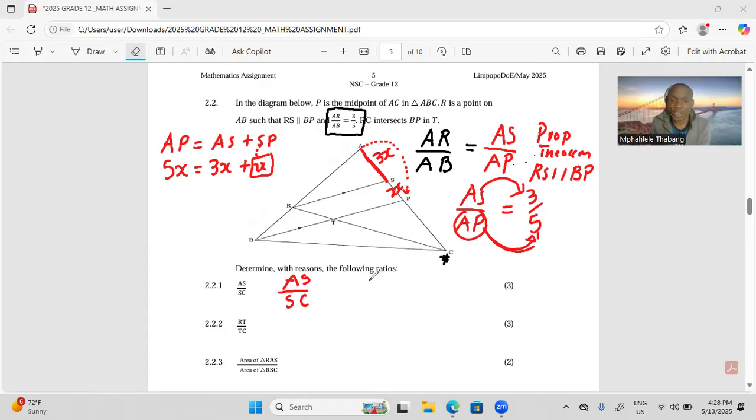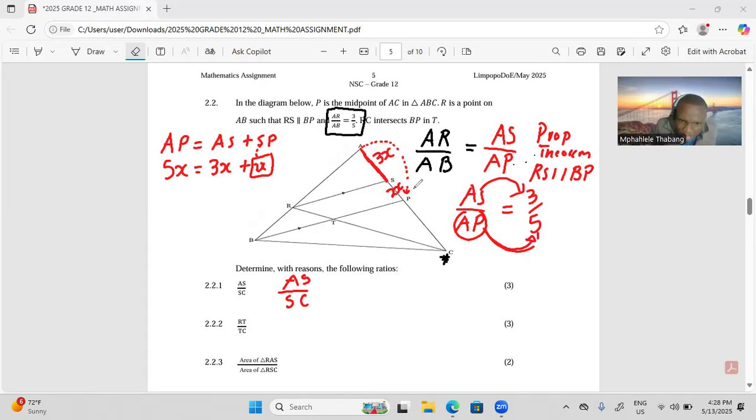a variable. Some of you are confused. Some of you want to say AS is 3, SP is 2. Wrong maths. You are not told the true length of AS. You were given what we call a ratio. So we don't have the true measure of the distance of AS and SP, but we can represent this in terms of some variables.